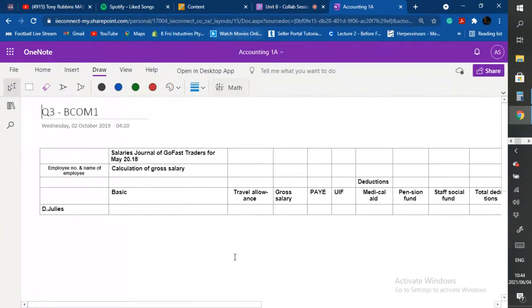Right. Cool. So let's flip to 8.3, and now we're starting to step into the process of recording our salaries and wages.